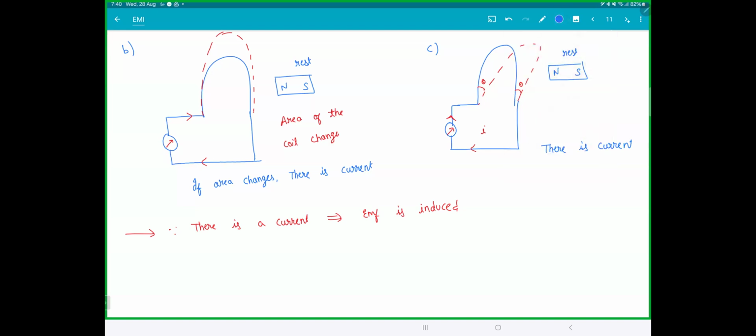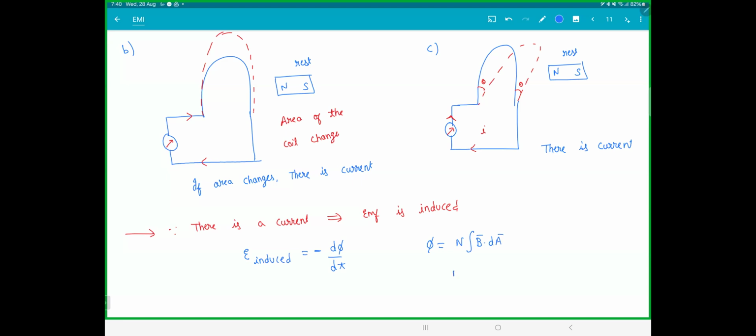And he says, so this EMF, whatever is there, is depending on B, it is depending on area, it is depending on theta. We call this flux. So then the formula becomes E induced is minus d phi by dt, where flux is given by N into integral B dot dA.